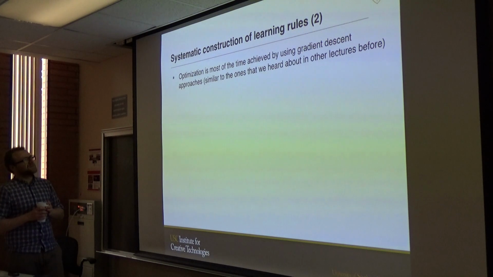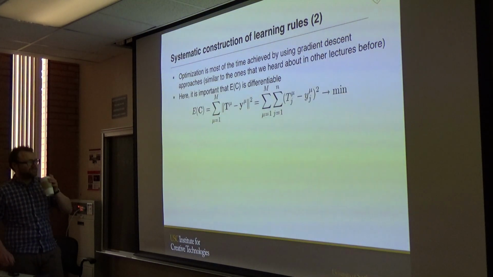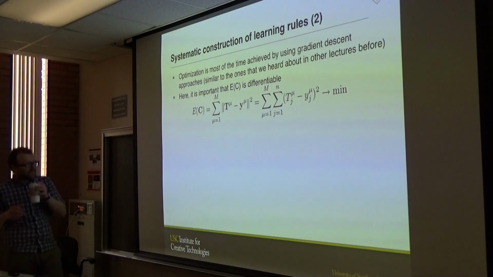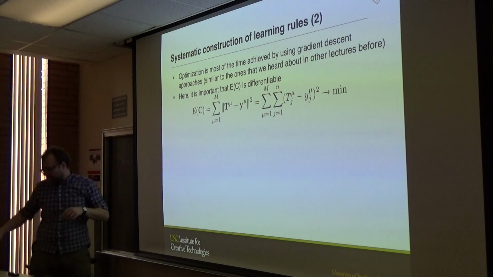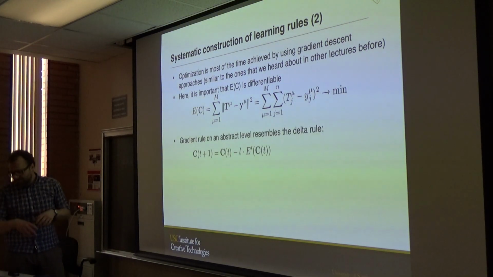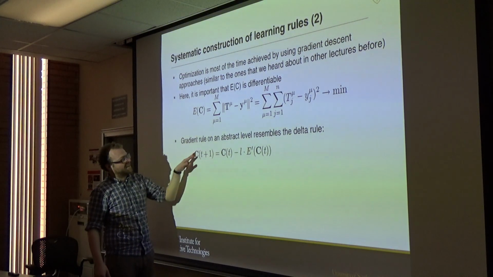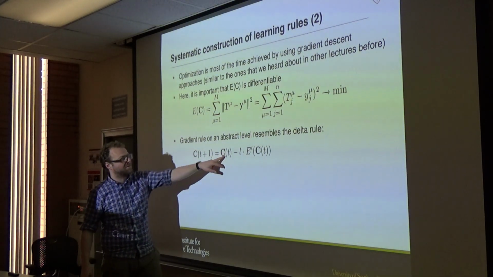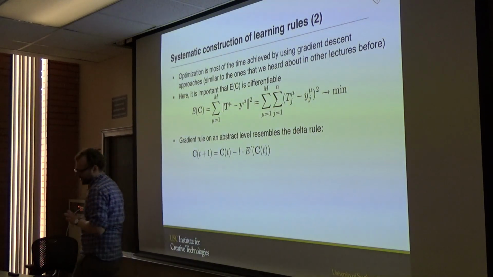Again, optimization is most of the time achieved through gradient descent. Basically, we need to minimize that. In broad terms, we update the weight matrix with the old matrix minus a learning rate times the partial derivative of this.